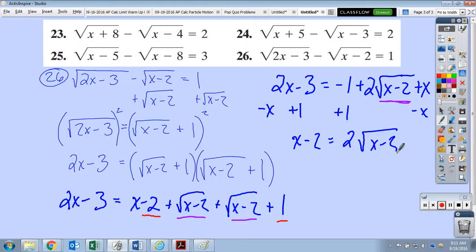And then now the next step, guys, would be what? Divide by 2. We could even square it right now if we wanted, but I'm going to divide by 2.